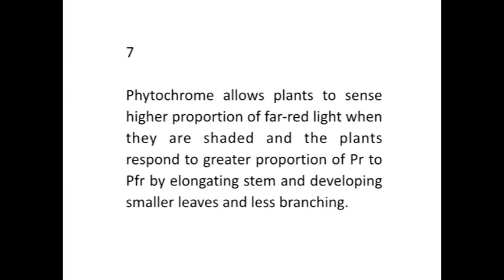The next feature is phytochrome allows plants to sense higher proportion of far red light when they are shaded, and the plants respond to greater proportion of PR to PFR by elongating stem and developing smaller leaves and less branching.